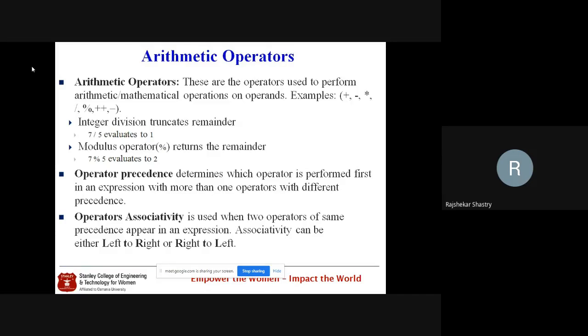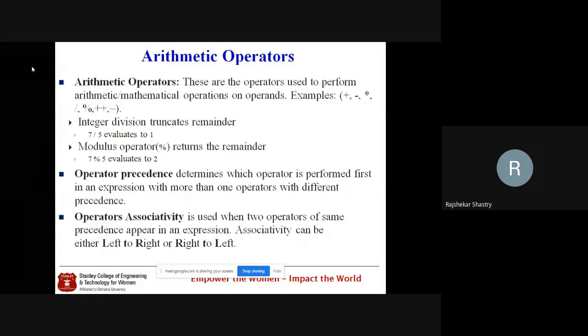So these are all the 5 different categories of operators that we have. Along with these, the increment and decrement operators are also treated as arithmetic operators, a special case of arithmetic operators.